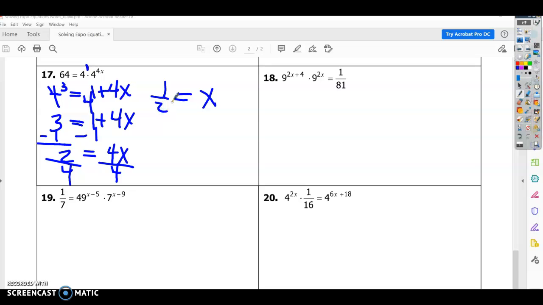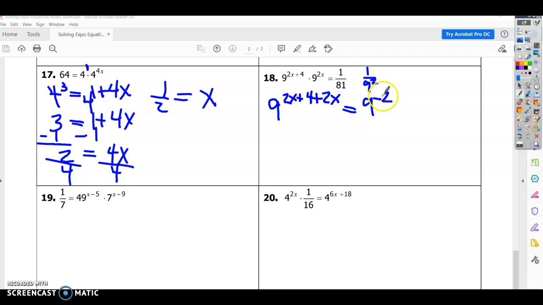All right. Here we have same base, so we add exponents again. And when we add exponents, we're going to have one base and 2x plus 4 plus 2x. And then equals, and remember our 1 over 81, that came from a power on the bottom. So this could be rewritten as 1 over 9 squared. And to rewrite it as a base of 9, we're going to put that as a -2.